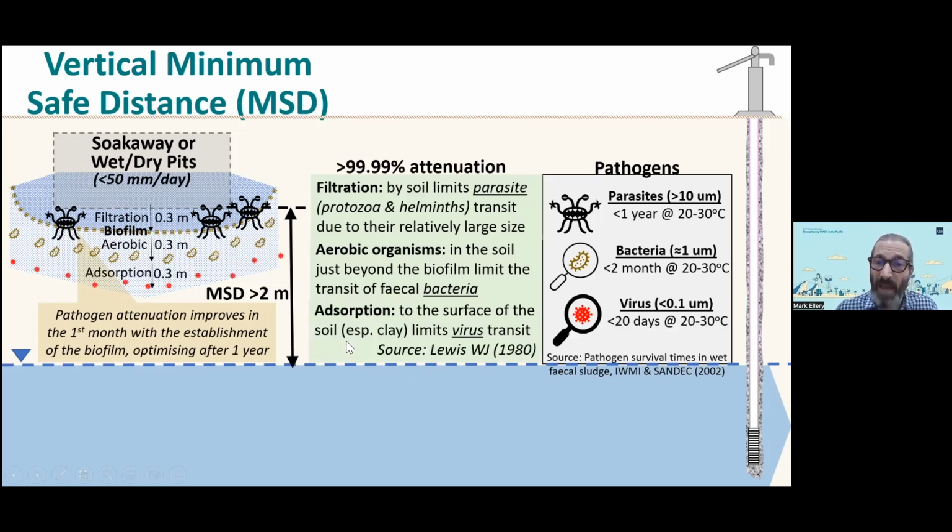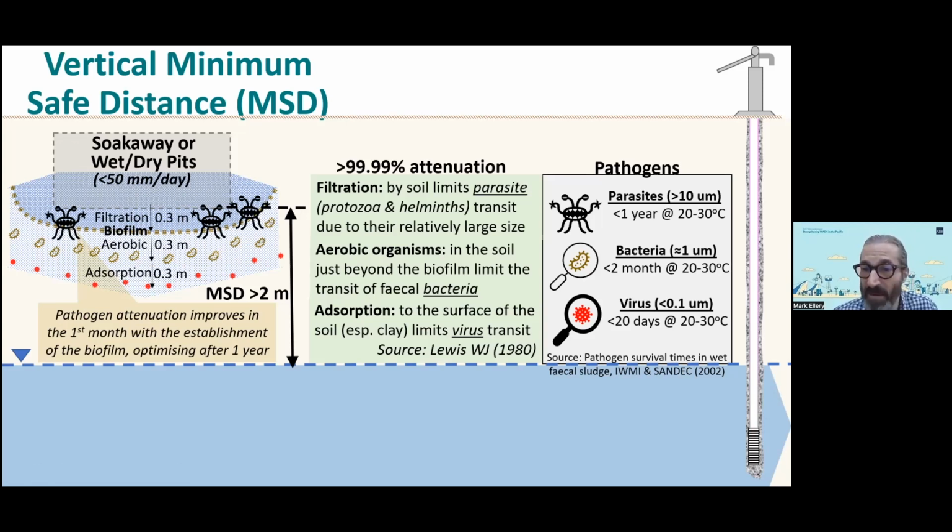The viruses are the smallest and the most mobile and the most likely to travel below the pits. But within about the next 300 millimeters, most of those viruses, or 4 log, will be attenuated within that 900 millimeters or a meter below the bottom of the pit.